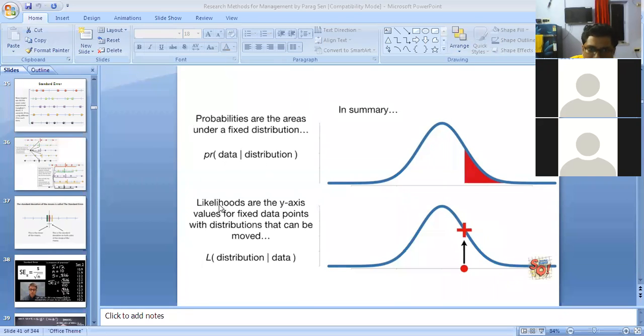Likelihood is nothing but conditional probability. That means some particular data or outcome will be given to you, suppose 45 days is the date given to you, and you will be saying what is the likelihood of the finishing on that particular day.